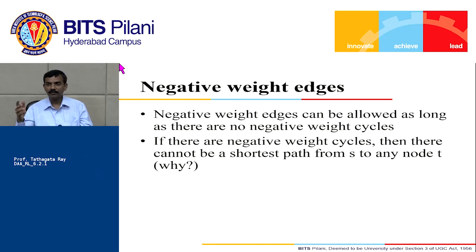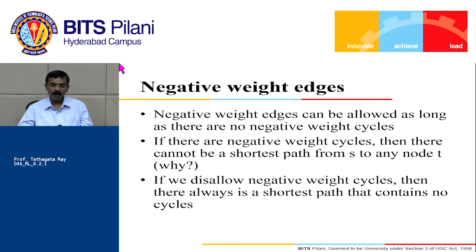But if the weights are different, the meaning of shortest path will be different. If we disallow negative weight cycles, then there is always a shortest path that contains no cycles. So if we are not allowing negative weighted cycles, then definitely we will have a shortest path between S and any other vertex. In case there are negative weighted cycles, we might not have shortest paths.